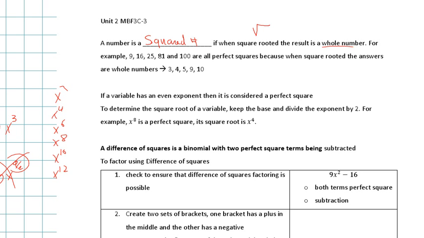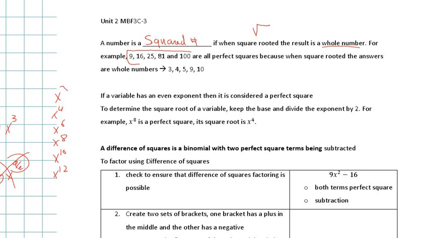Okay, we talked about this. So 9, if I square root 9, it's going to give me 3. If I square root 16, it's going to give me 4. When I square root 25, it's going to give me 5. Square root 81, that's going to give me 9. Square root 100, it's going to give me 10. So these are squared numbers.